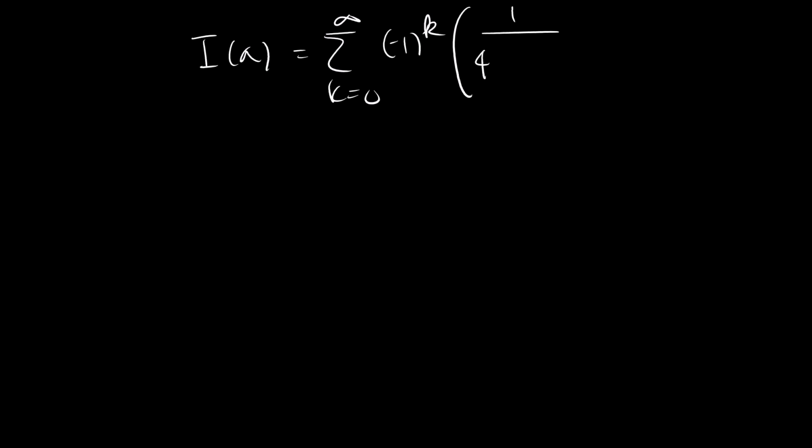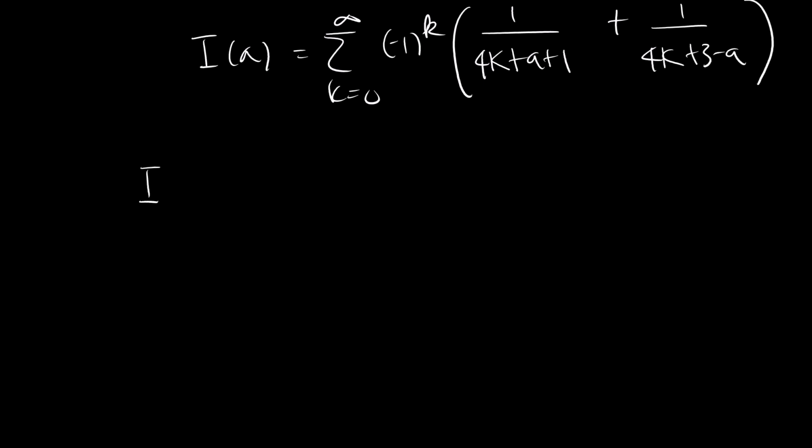So we've come to I of a equals the summation from k equals 0 to infinity of negative 1 to the k, and let's just use that kind of bracket, 1 over 4k plus a plus 1 plus 1 over 4k plus 3 minus a.